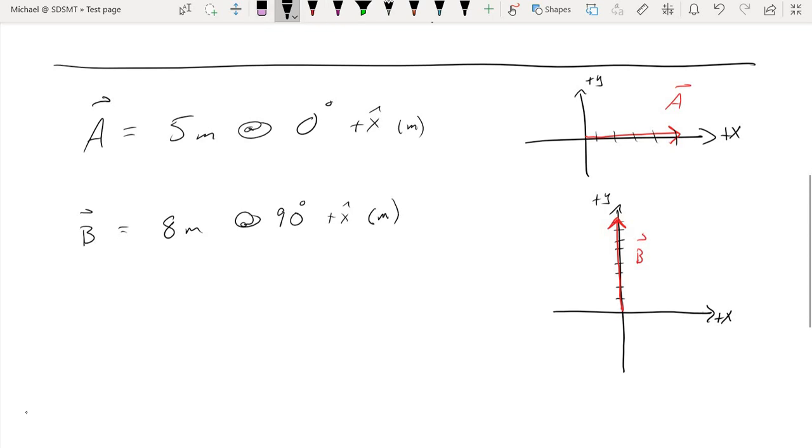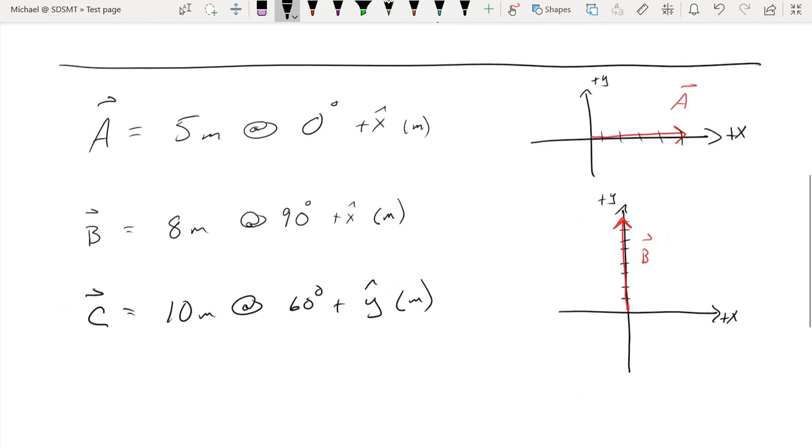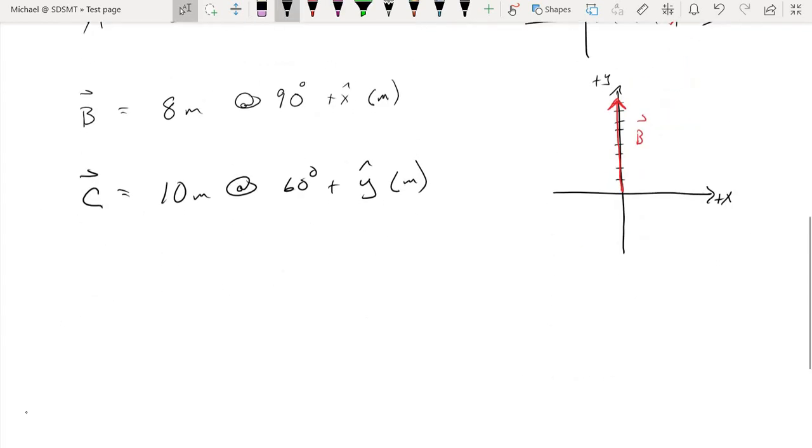And then we got one more vector, which we will call vector C. And vector C is 10 meters long at 60 degrees with respect to the positive y-axis. Okay, so what does that mean? Well, once again, I'll make a sketch so that I can see what the vector looks like.